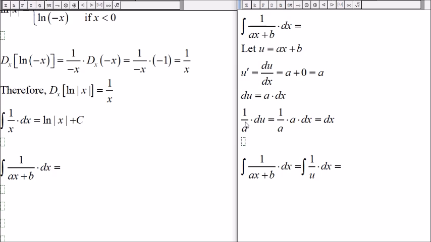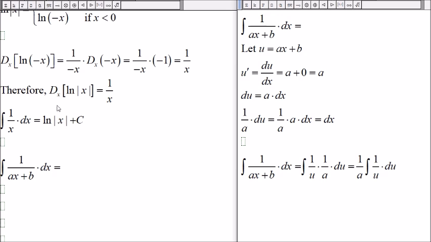And so dx is equal to 1 over a times du. And so in the place of dx, we can put 1 over a du. But the 1 over a is just a multiplication constant, and so we can put it in front of the integral sign. And then what's left is just 1 over u times du.